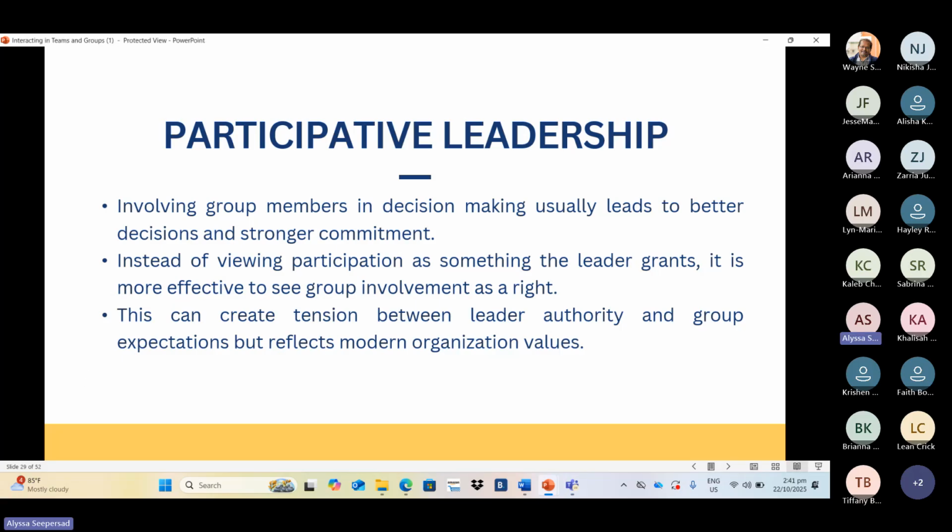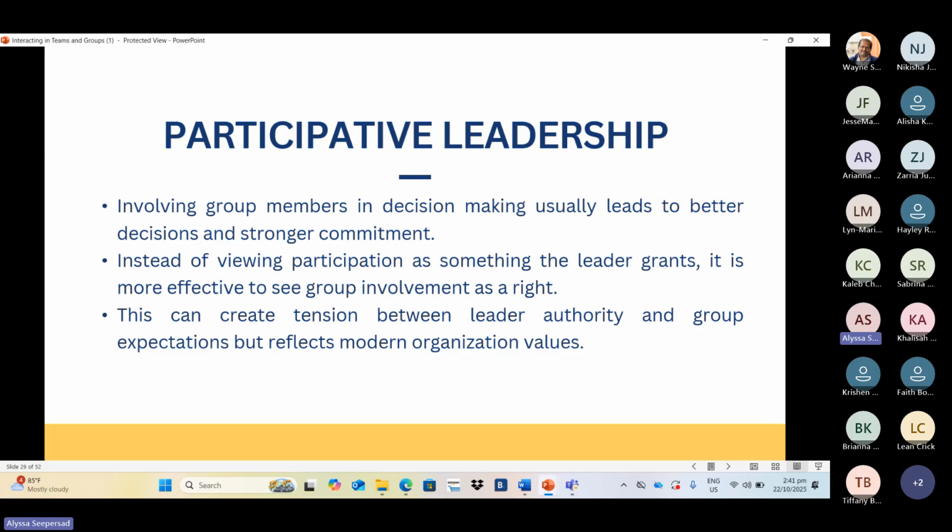So, participative leadership is about involving others in the decision making. Research shows that decisions tend to be better and more accepted when people affected by the decision have a voice in the process. Instead of seeing participation as something a leader allows, it's more accurate to view the group's involvement as a right they have.